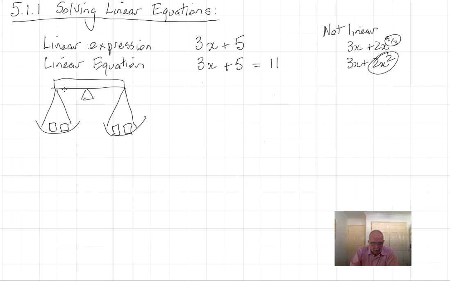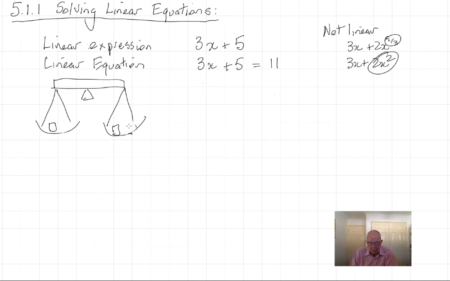That way it would balance perfectly horizontally. If we added another weight on that side, we had to add the same weight on the other side. Then it would balance. If we took away two of these, that wouldn't balance, so you'd have to take away two of these on this side, and then it would balance.